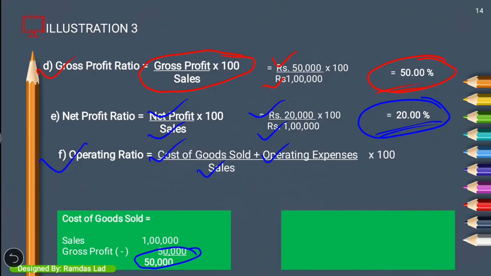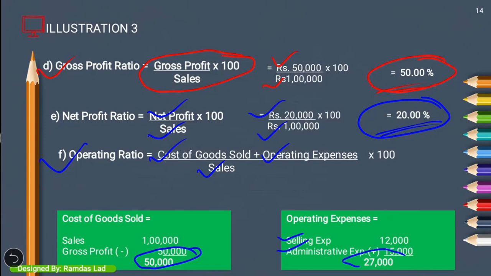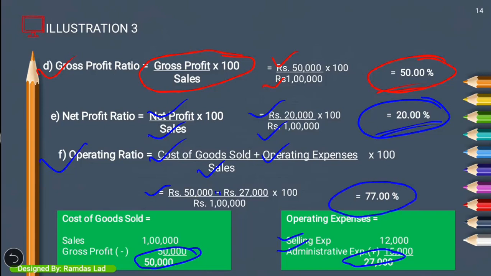Then operating expenses, which include selling expenses and administrative expenses, 12,000 plus 15,000 is 27,000. So it will be 50,000 plus 27,000 divided by 1 lakh, so it will be 77%. In this way, we calculate the revenue ratios.